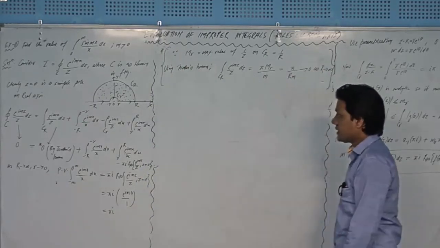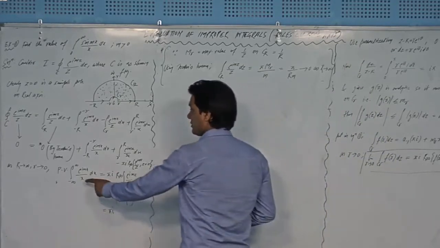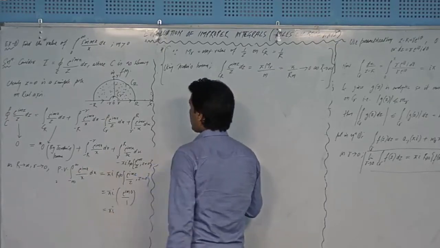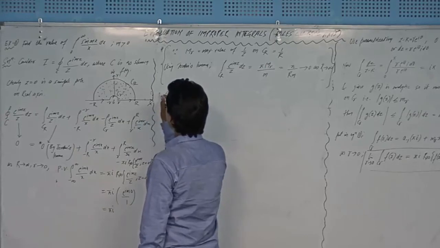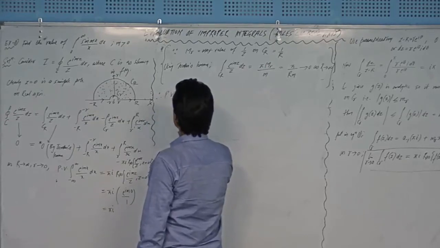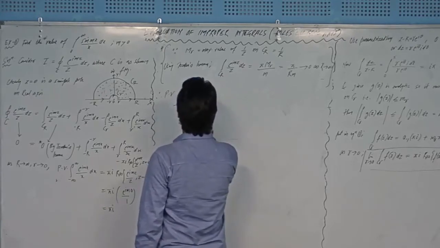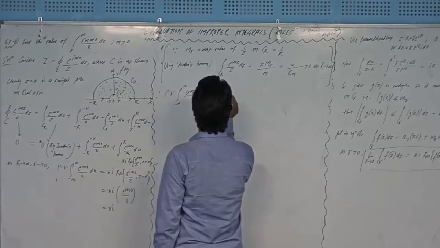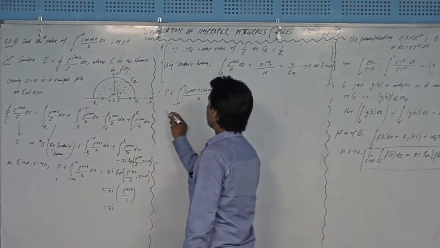Okay, and now I will proceed from here, equating real and imaginary parts. I will use cos mx plus iota sin mx, right? So that will give me the principal value from minus infinity to infinity. I am equating the imaginary part only, over x dx, equal to pi iota, right?